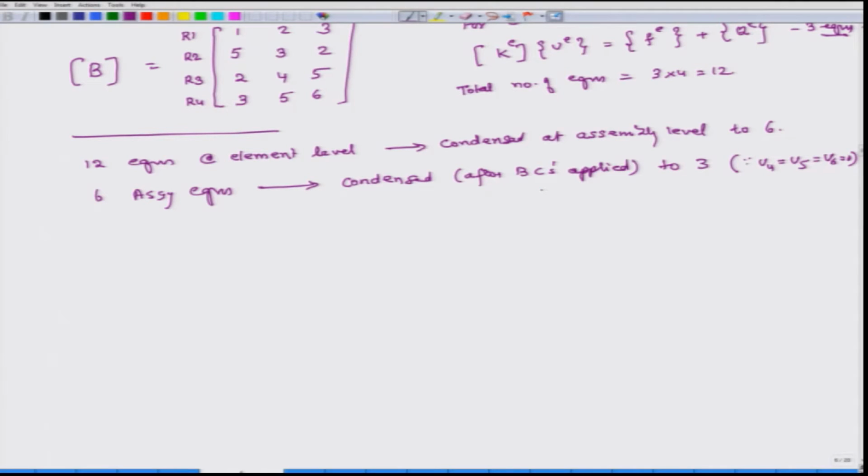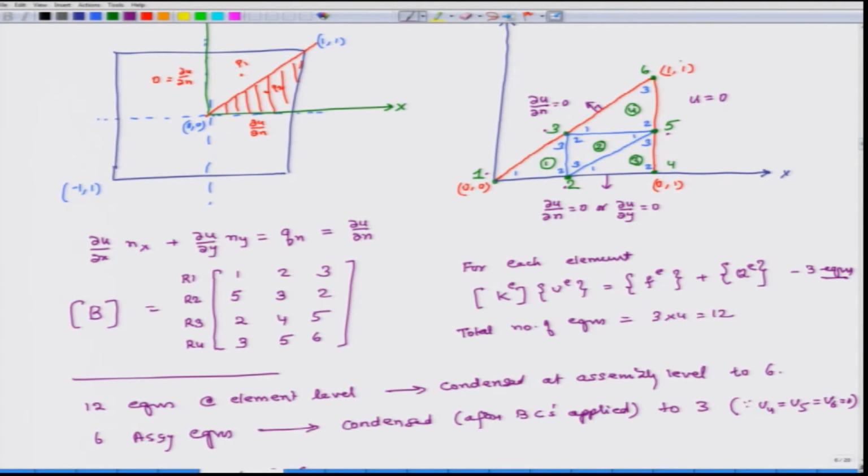So we will just quickly write down those 3 equations. What are the degrees of freedom left? 4, 5, 6 are gone because of the condition U equal to 0. So the only degrees of freedom left are 1, 2, 3.